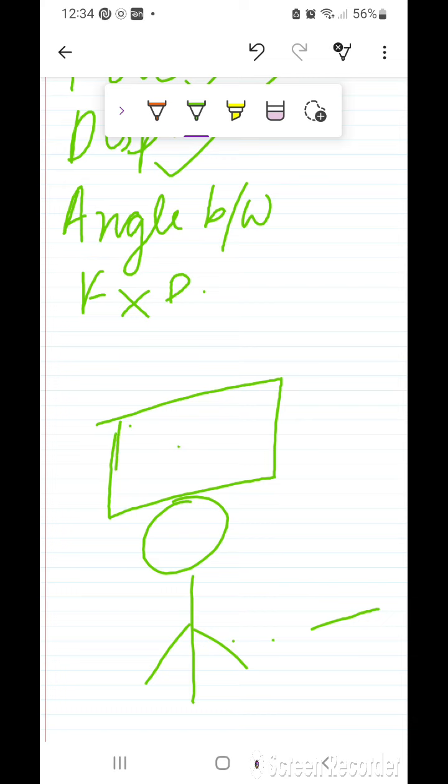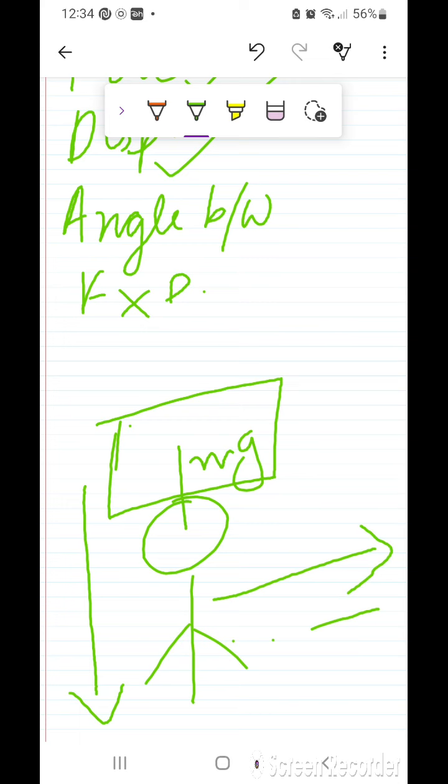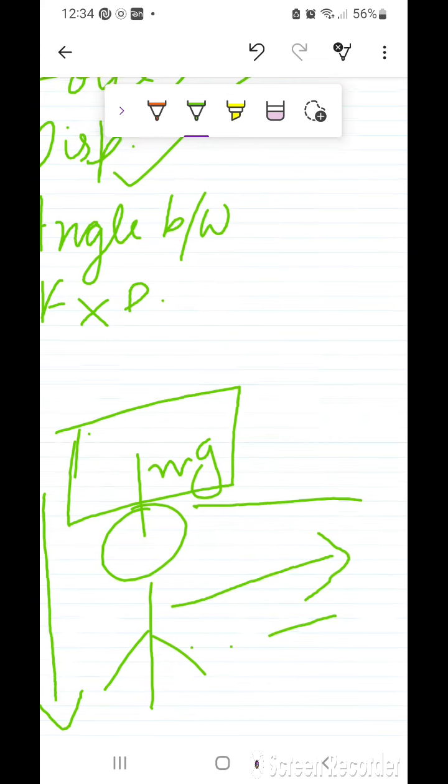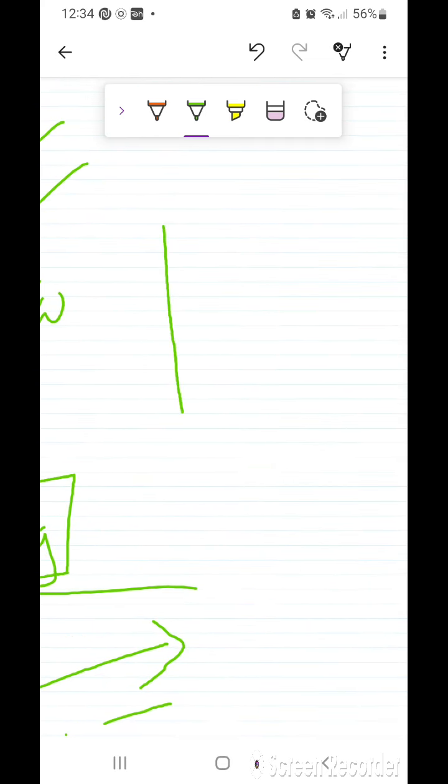It is exerting mg, the weight. Weight is the first force which is acting. It is acting in the downwards direction, but the displacement is here.